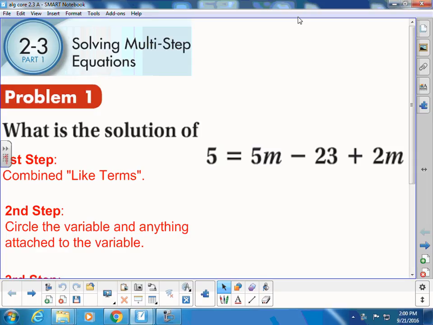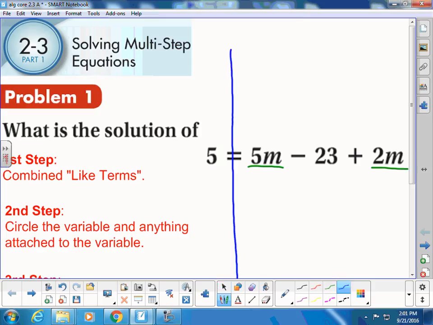So if I'm combining like terms, I have m's that I have to combine. And combining like terms is always just on one side of the equal sign. So here's my equal sign. Is there anything I can combine? It says step 1, combine like terms.